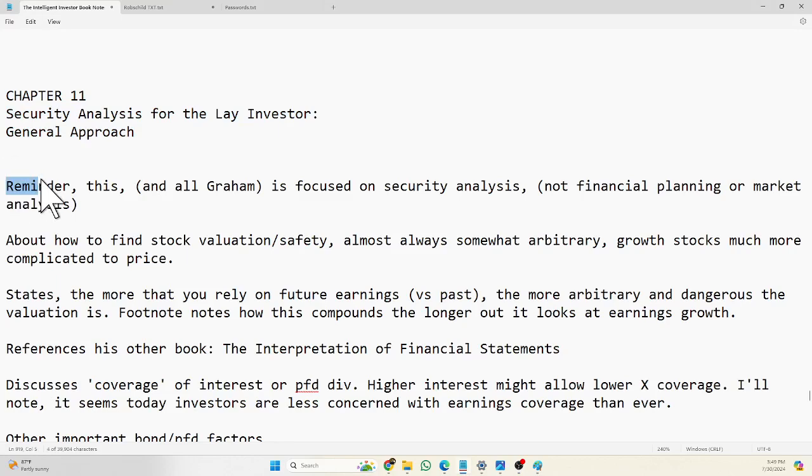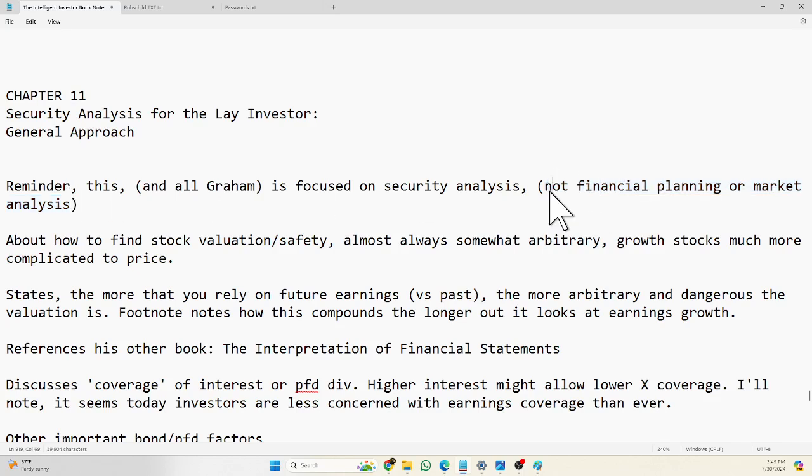So we start with a reminder that this, and really all of Graham's work, is focused on security analysis, not financial planning or market analysis. These are important areas, but this is not Graham's field of study.